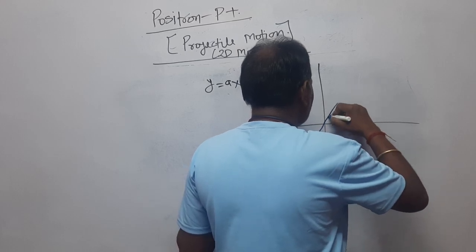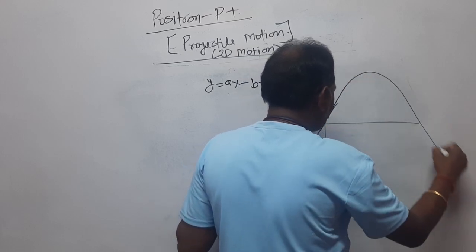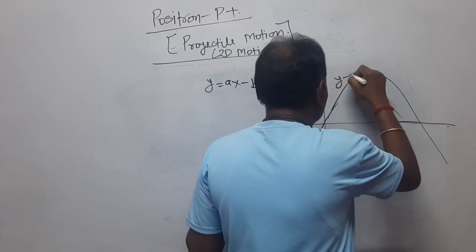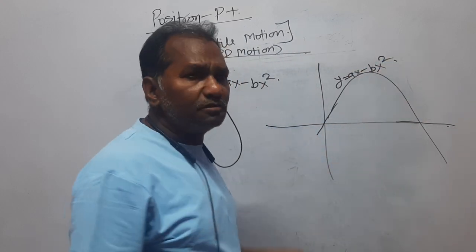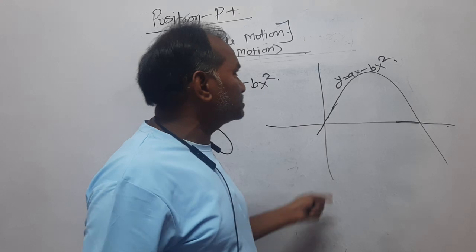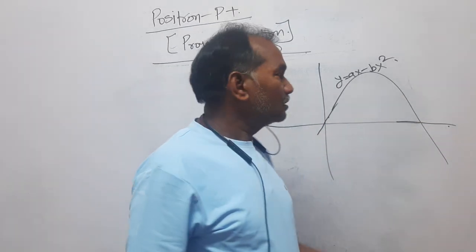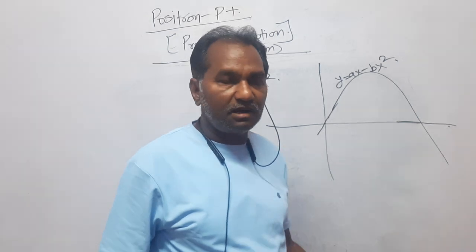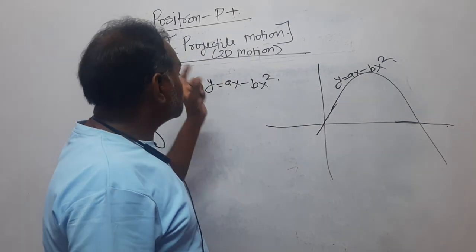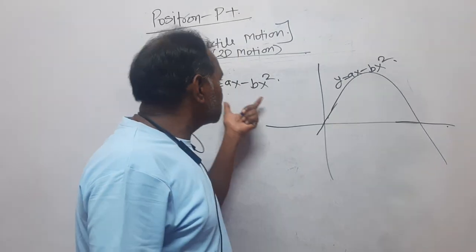One end of this parabola passes through the origin. Why am I telling you this? Simply because your projectile is going to follow this very equation, y = ax - bx². I'm writing it here. So this is also a standard equation of a parabola.